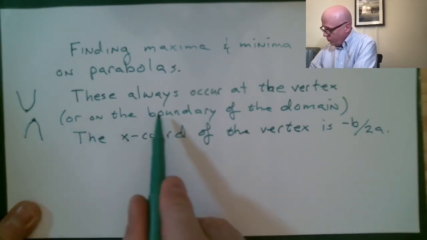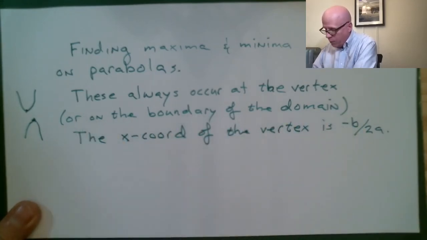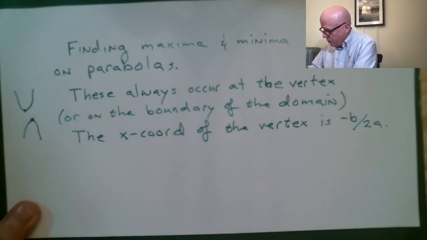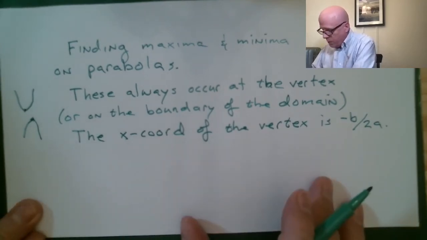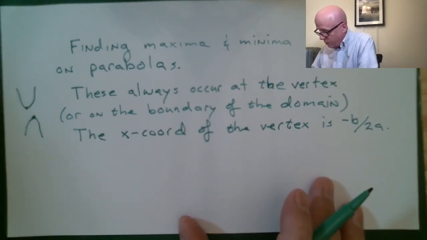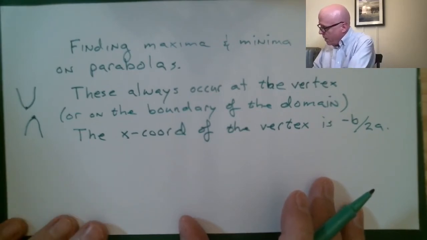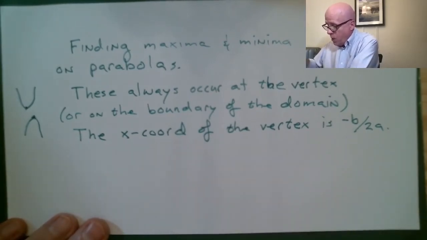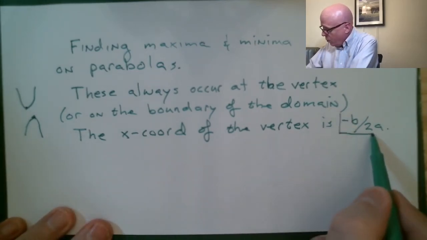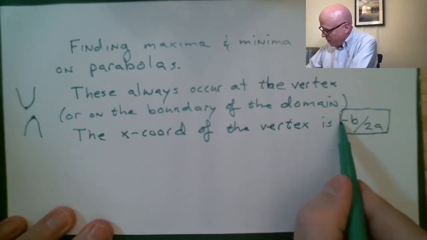Now, you also do need to remember to check the boundary of the domain. If the function has a limited span of x values that are allowed, then you've got to look at the left and right-hand endpoints as well. Anyway, there's a straightforward shortcut. If it's going to happen at the vertex, we know the x-coordinate of the vertex.